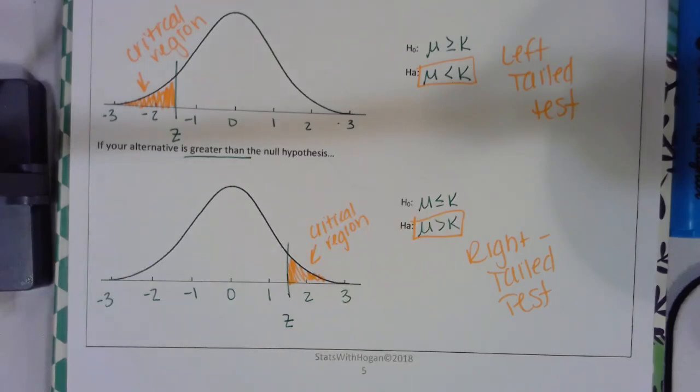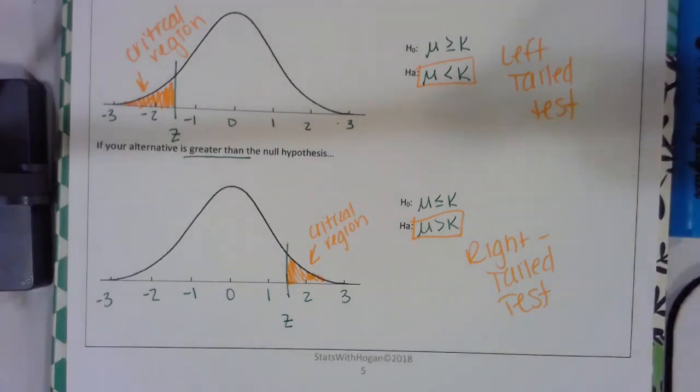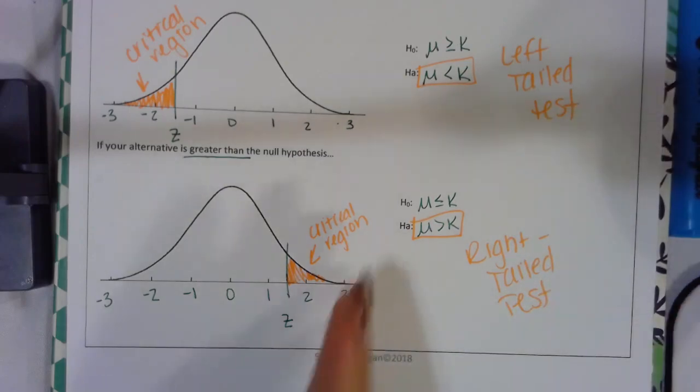It's the same number. In this case, it could be just a regular number, and then you change it to a z-score to fit this graph. Or you could have graphed it using the original mean and the original standard deviation. But if it doesn't give you that, we're just going to go this way.